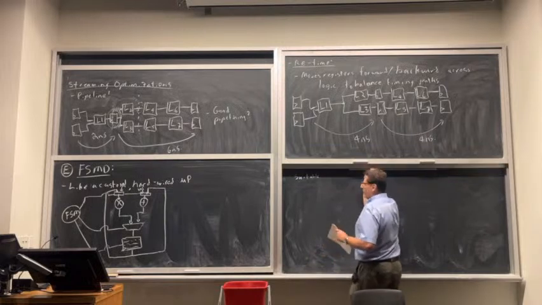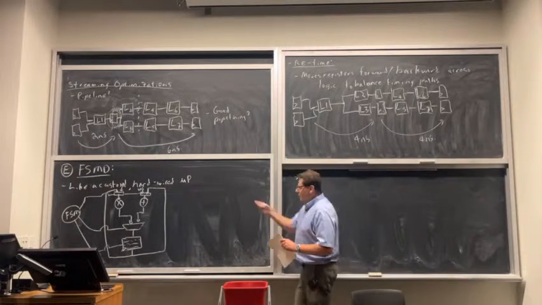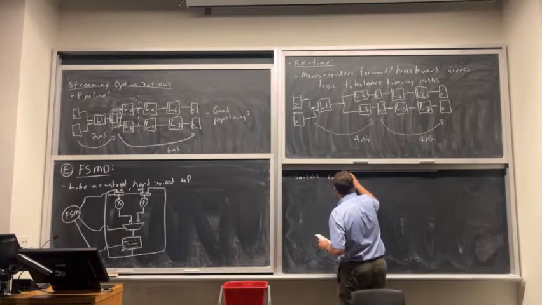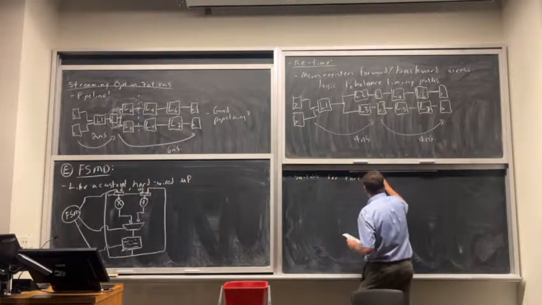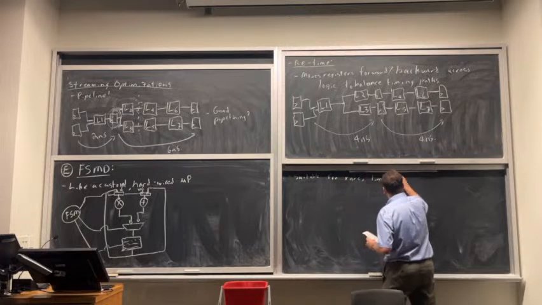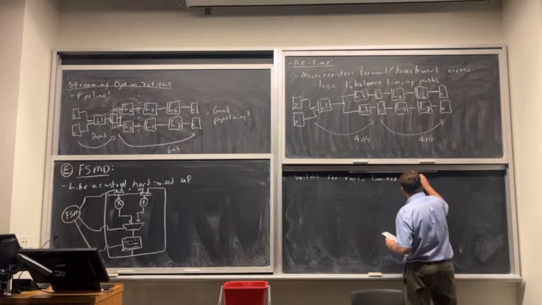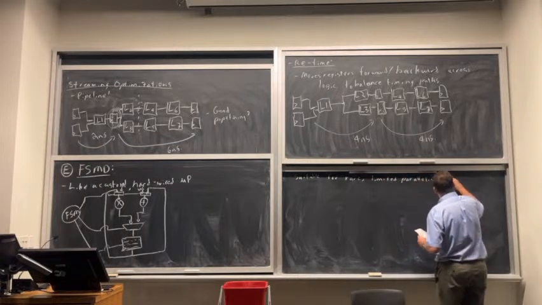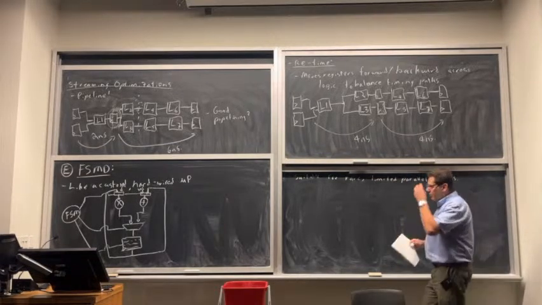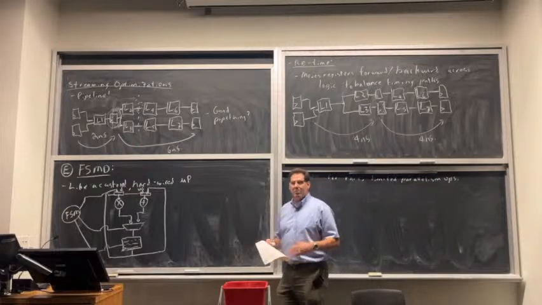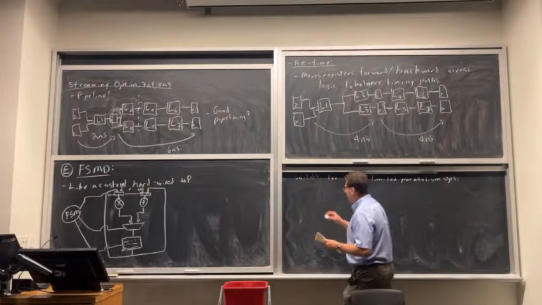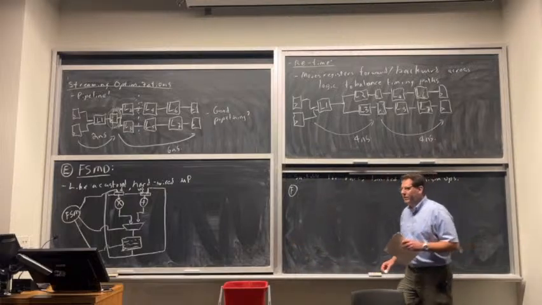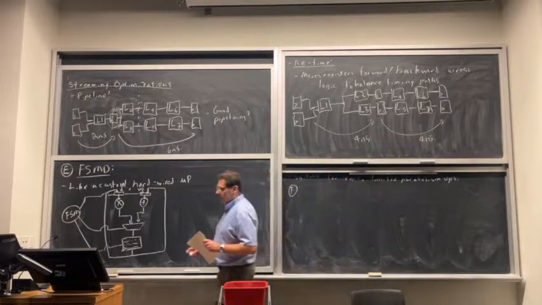So this is a good choice, just like microprocessors, suitable for rare or limited parallelism operations. It's going to be pretty space efficient, but it's going to be lower throughput. Okay, so that was a finite state machine controlling a data path.